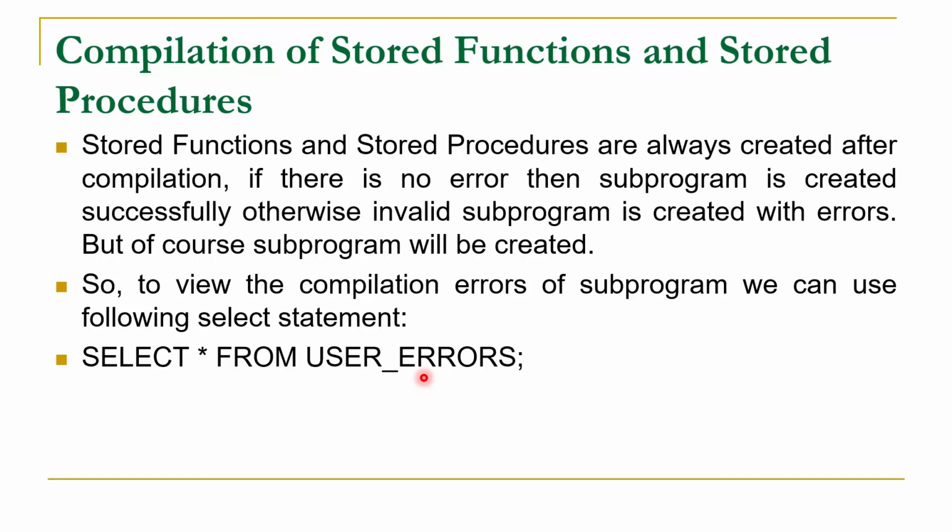Based on that information, we can correct our errors and we can recompile our code to replace previously stored invalid stored function or procedure. We have two options to view the compilation error. One option is to issue the command select star from user underscore errors, and other option is show errors. We will see the usage of these statements when we see the demonstration of stored subprograms.